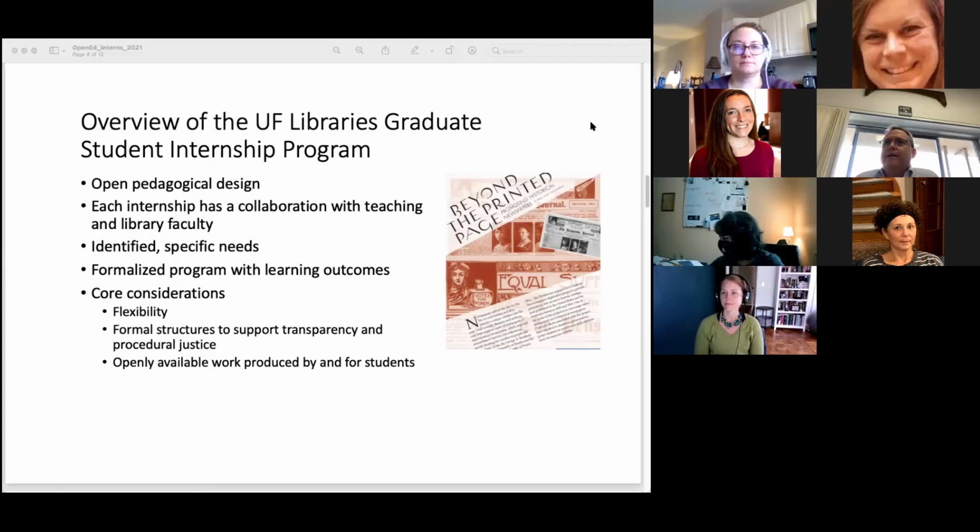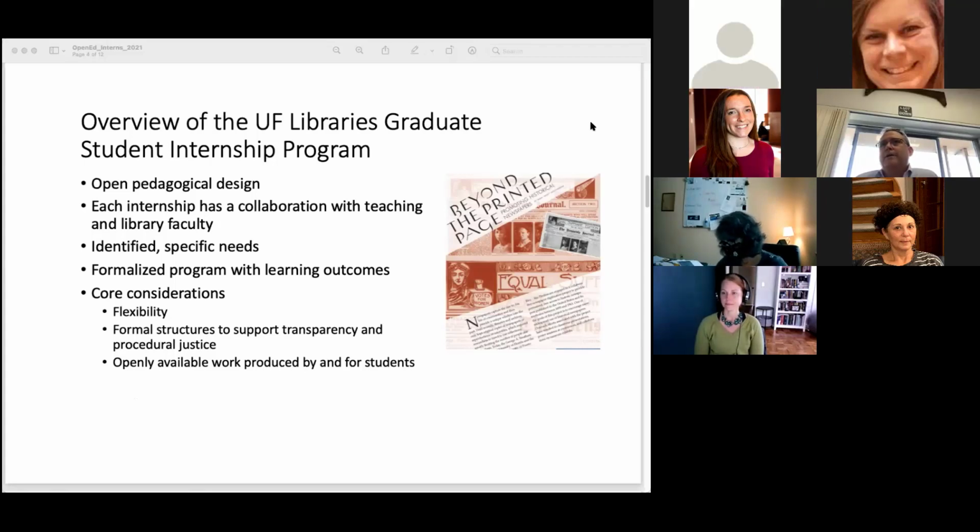This work is in collaboration with teaching faculty. With the new model for an institutionally integrated, formalized program, the structures and processes are enabling more impactful outcomes for interns, internship directors, and collaborators, with final work that can be showcased publicly by students and that benefits the library and its communities.